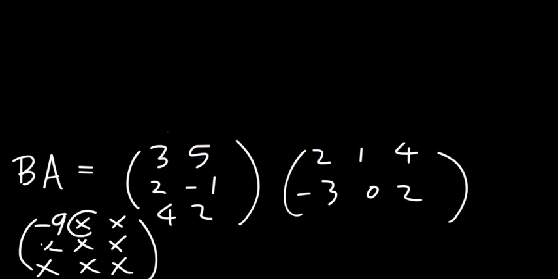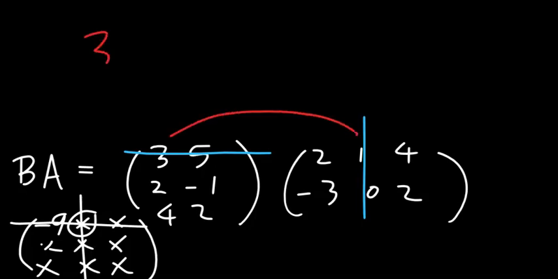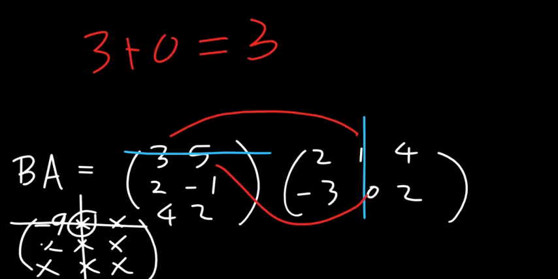Now the second element, it occupies the first row and the second column. So the first row of the first matrix multiplies with the second column of the second matrix. 3 times 1, that is 3, plus 5 times 0, 0. So the answer is 3.